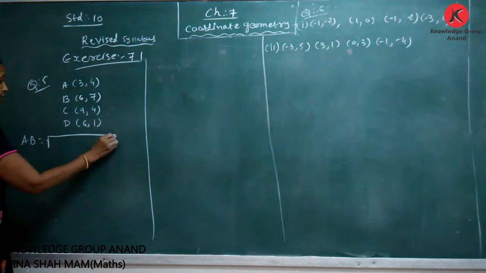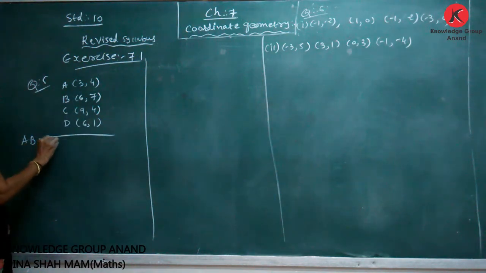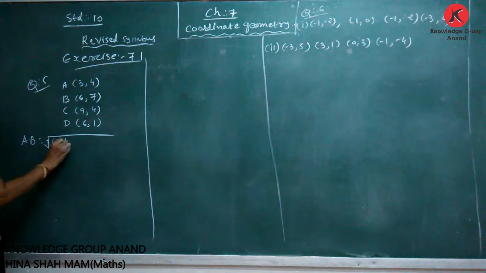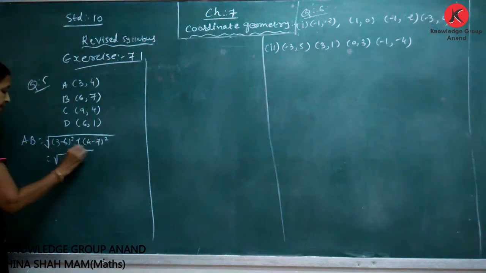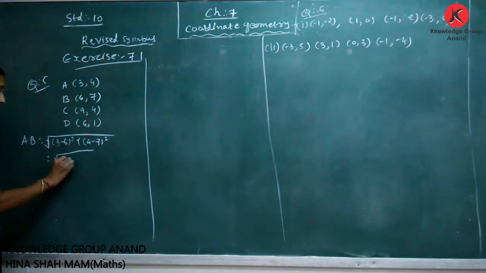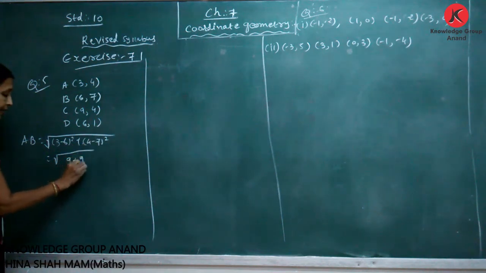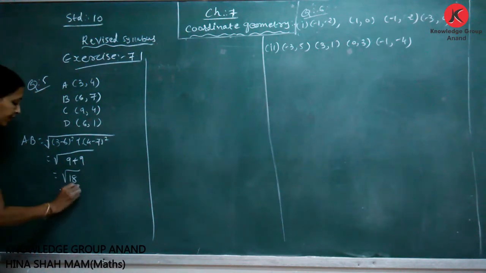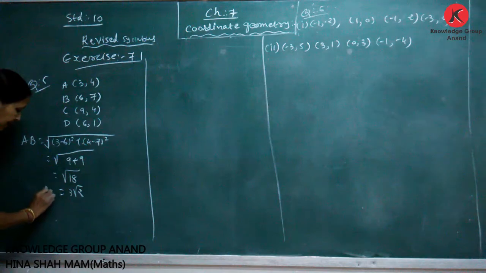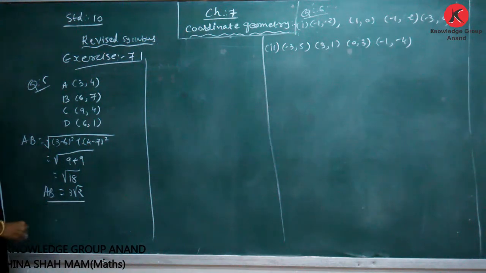AB is equal to under root (3 minus 6) whole square plus (4 minus 7) whole square, equal to root of minus 3 square, 9, plus 9, equals 18, which is 9 times 2, therefore 3 root 2. AB is equal to 3 root 2.